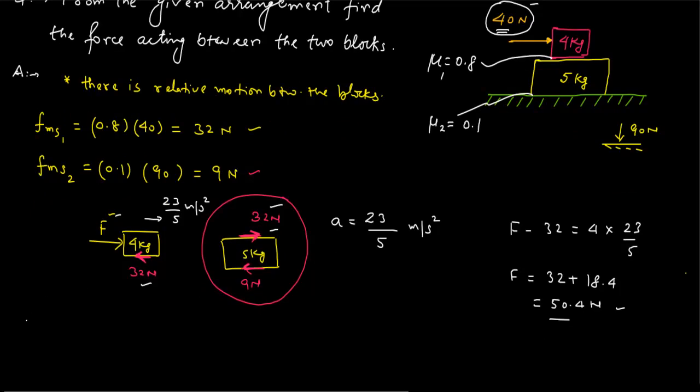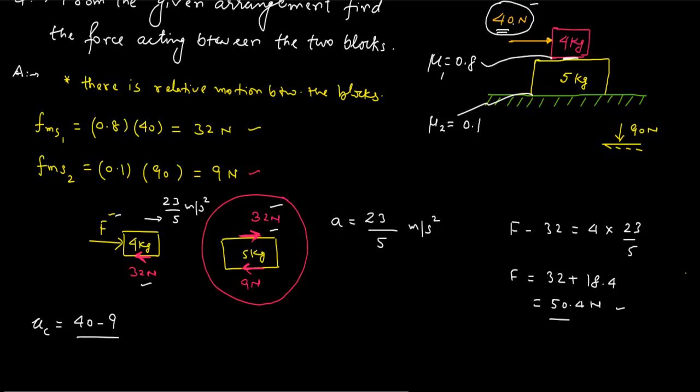Now the situation has become simple, and we can calculate the common acceleration as the net force acting on the system of these two blocks, and that is equal to 40 minus 9. Be careful here, it must be 40 minus 9, because whatever force is acting between these two blocks is the internal force of the system.